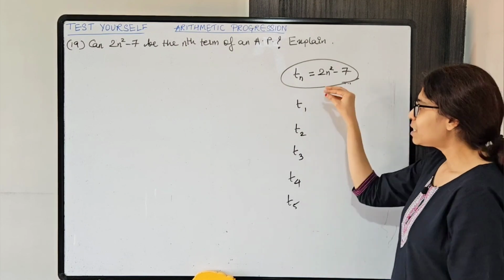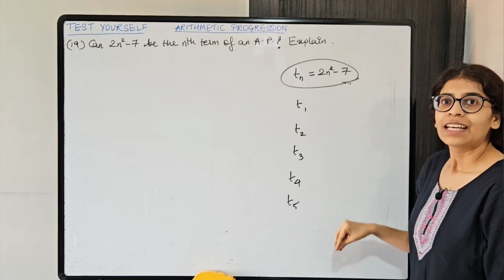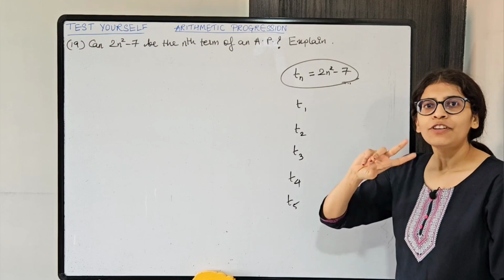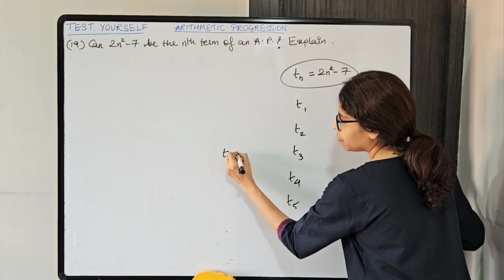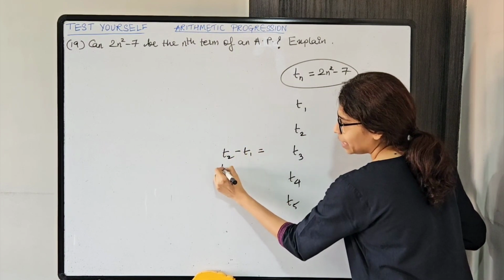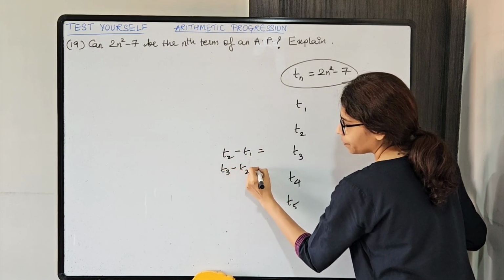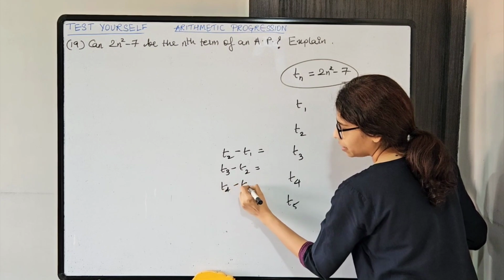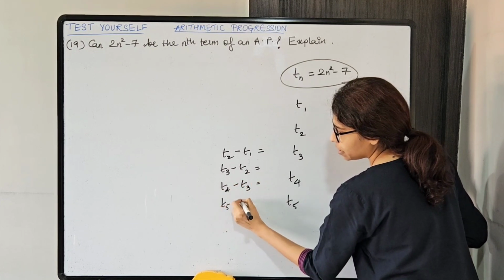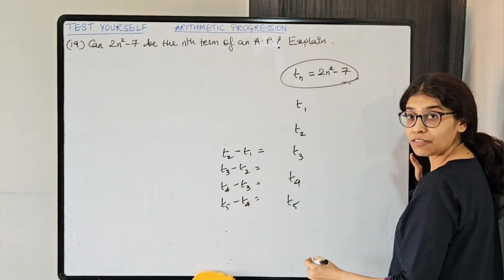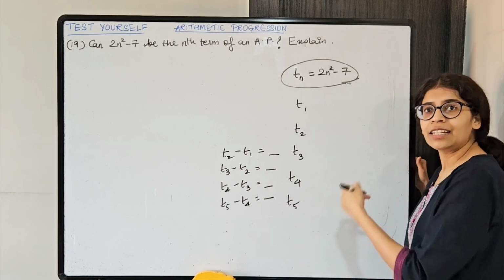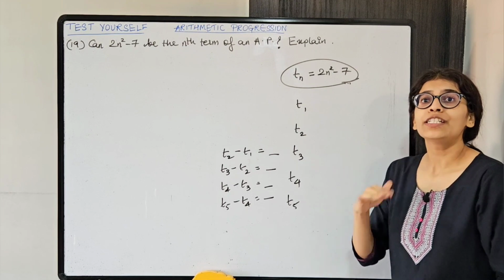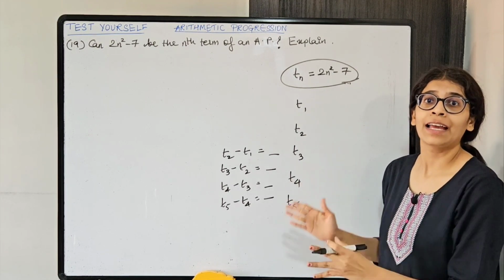Okay, once you get the first 5 terms, what you will do is find out the difference between the consecutive terms. T2 minus T1 find out karo, then T3 minus T2, then T4 minus T3 and T5 minus T4. If the difference is same, then it is an AP. Okay, and if it is not, then it is not an AP.